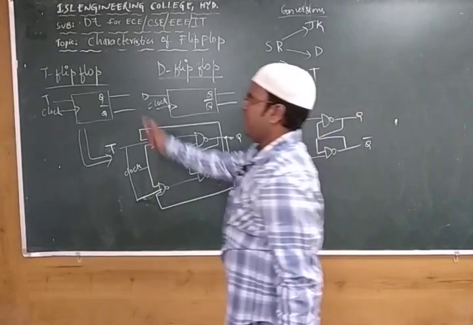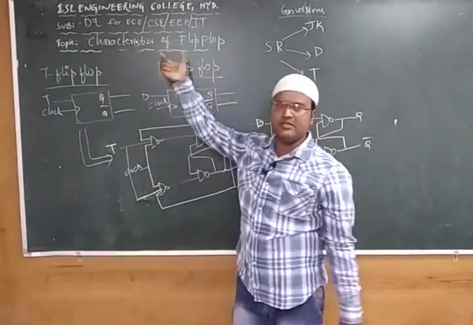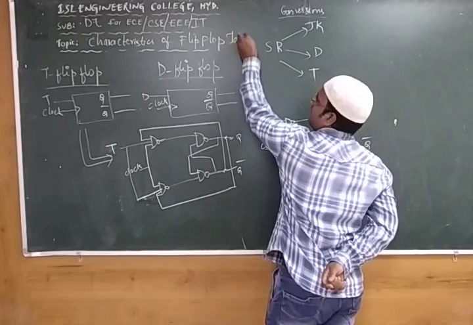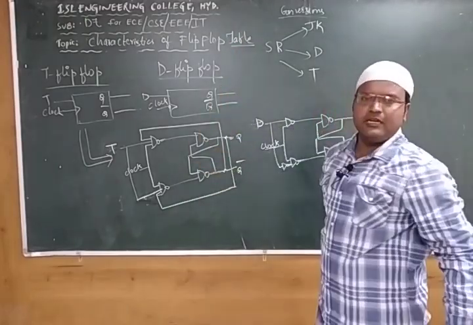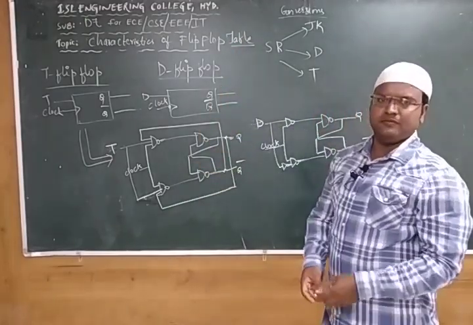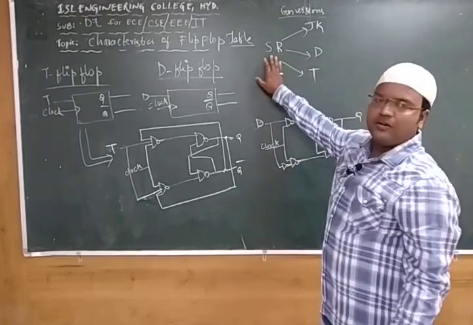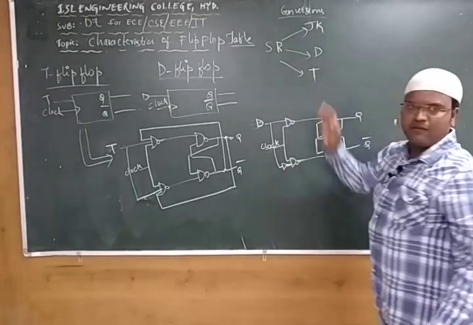One is the characteristics equation table, a tabular form, that is the truth table we are going to use. And the second part we are going to learn is the excitation table. These two tables decide how we convert an SR flip-flop into all the types of flip-flops.